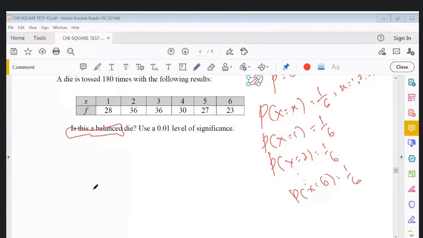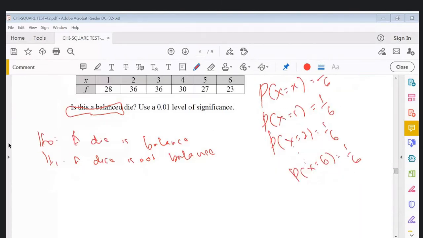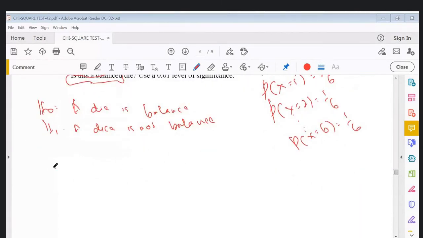Okay, after the hypothesis, we just put the values in the table.